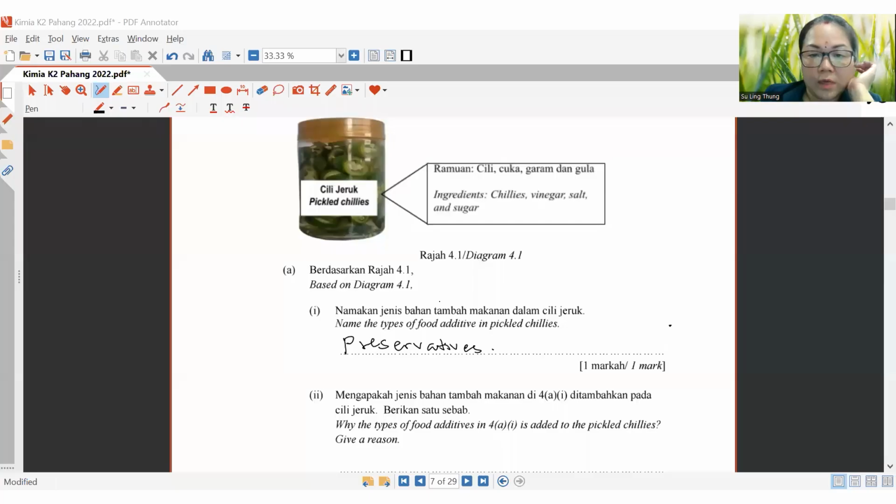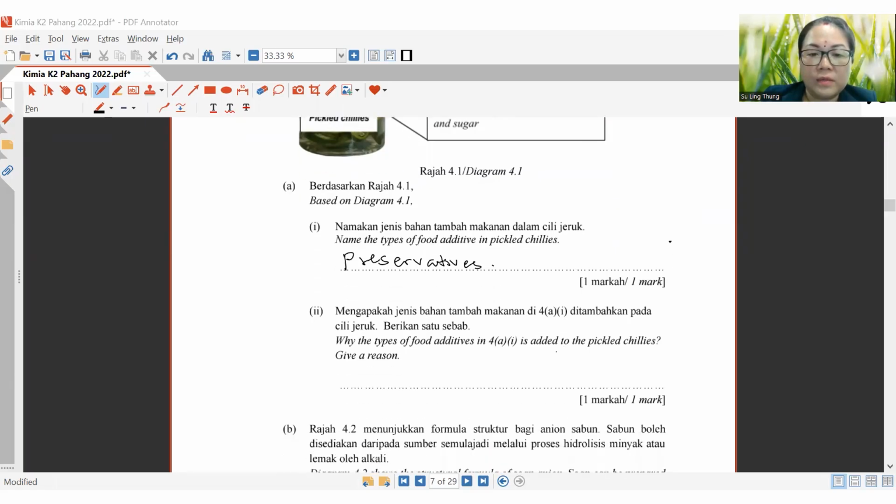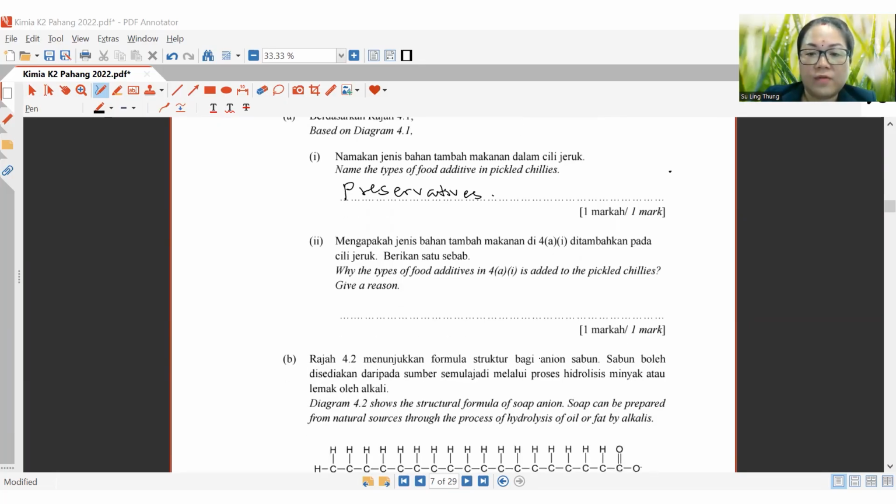Okay, so for this first particular question, it will be preservatives. All right. Now let's look at the second one. Okay, 2. Why is the type of food additive in 4A1 added to the pickled chilies? Give a reason.